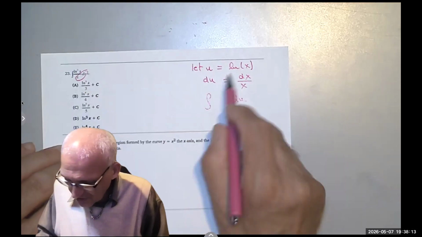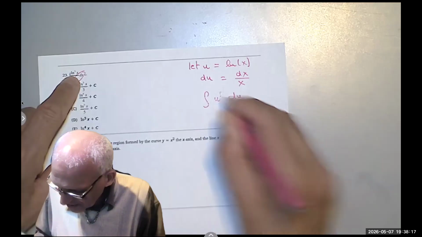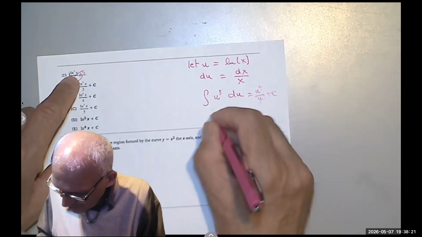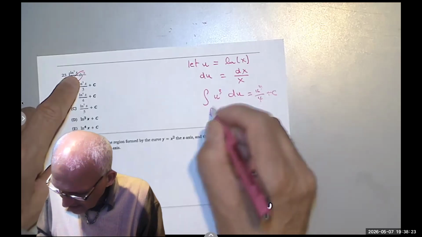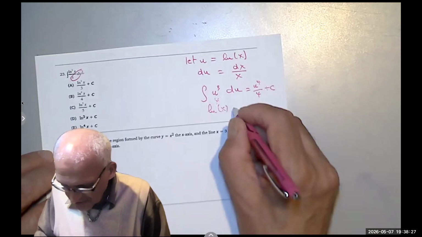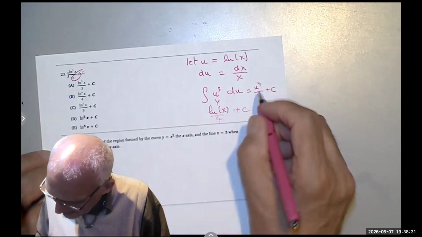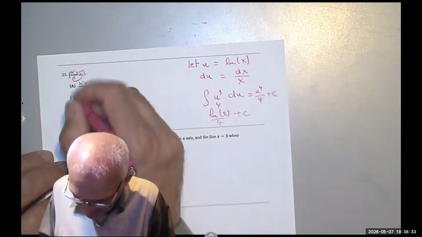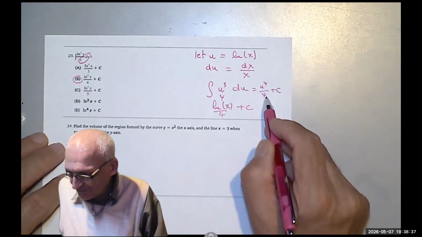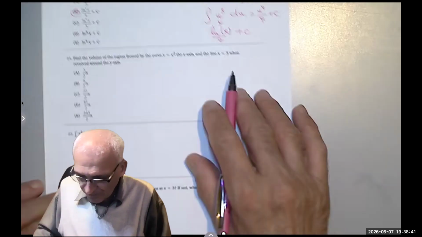And if natural log of x is u, so this is u cubed, so you get u to the 4 over 4 plus a constant, or natural log of x to the 4, they write it natural log to the 4 of x plus a constant over 4, right? So it's b, right? u to the 4 over 4 becomes natural log of x to the 4 over 4.